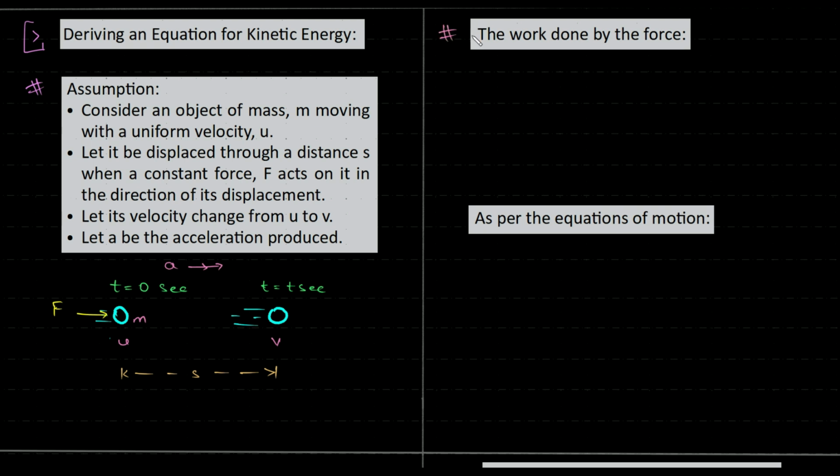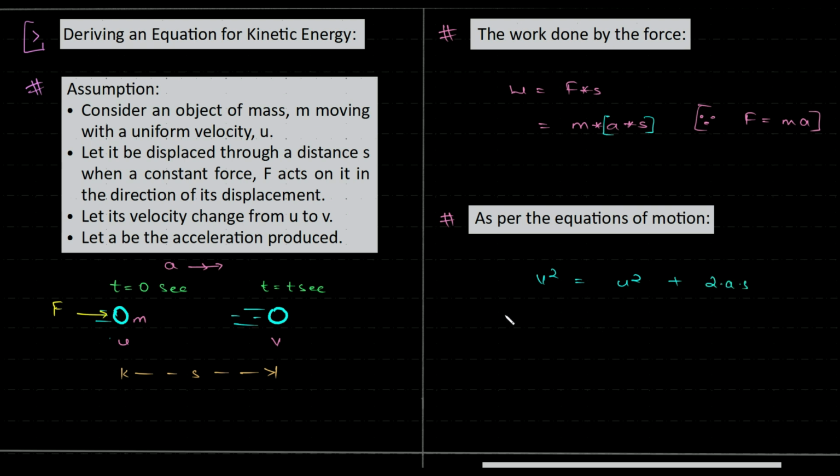The work done by the force is work equal to force into displacement. But we know that force is mass into acceleration. So W equals mass into acceleration into displacement, equation 1. Now we have to get an expression for acceleration and displacement. As per the equation of motion, we have v square equal to u square plus 2as.